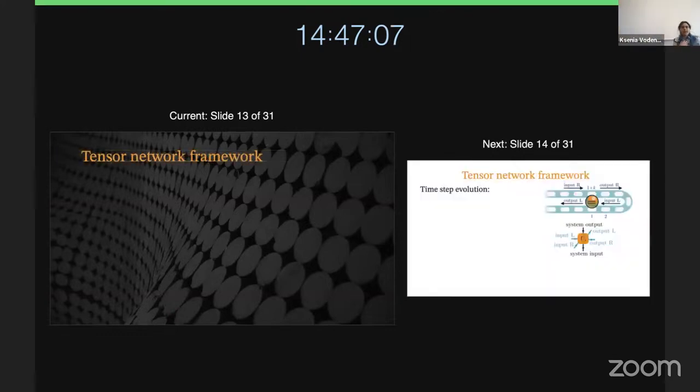But again, I'm a theoretician, so I cannot just tell you, oh, this is the spoiler, that's it. I have to actually figure out what's going on. And for that, we dive into the tensor network framework, and I hope experimentalists will still be with me, and I will be able to explain what's happening here for everybody.